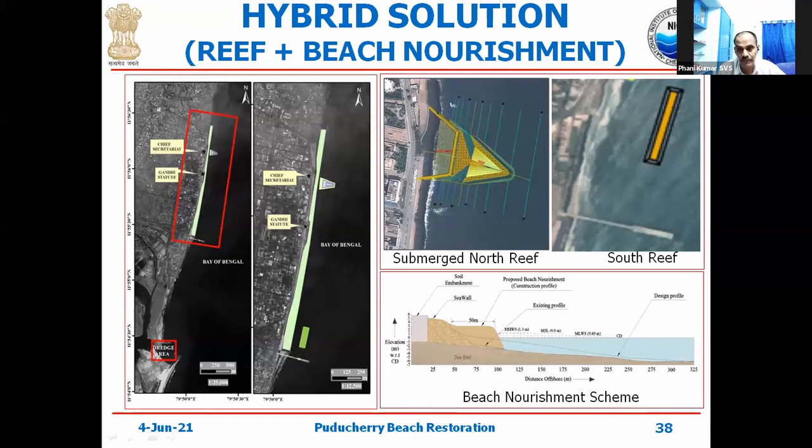Basically it is a triangular prism with a wide base at the bottom, and as it touches the water level, that means a CD of 0, it will taper to a triangle of around 40 meters long and 40 meters at the base. So it is a triangular prism, so to say.